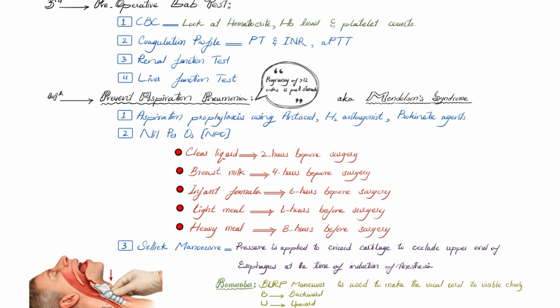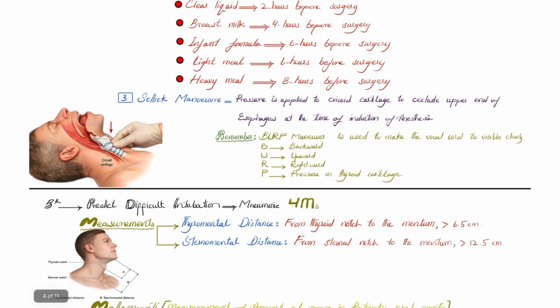Then perform Sellick maneuver during induction of anesthesia. What is Sellick maneuver? Pressure is applied to the cricoid cartilage to occlude the upper end of the esophagus at the time of induction of anesthesia. But remember, you should not mix it with the BURP maneuver. BURP maneuver is used to make the vocal cords visible during the passing of the endotracheal tube.